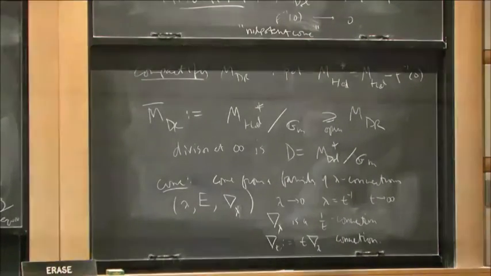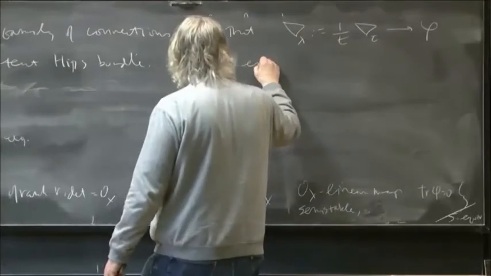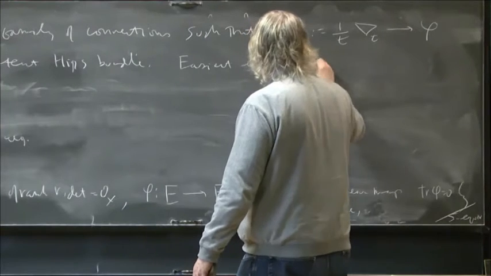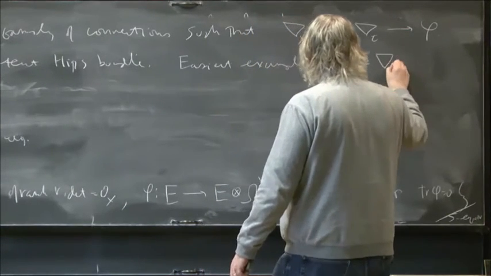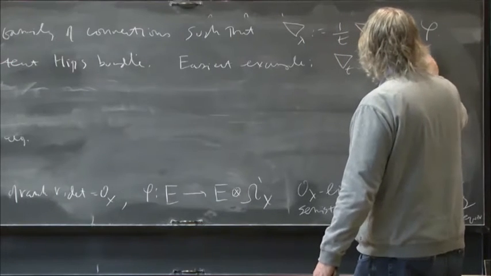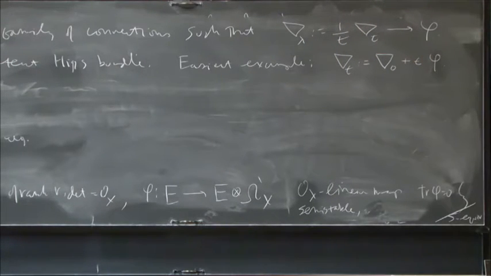And the easiest case, again, is, let's just define nabla T to be given by some fixed connection plus T times this phi. But the picture should be about the same.